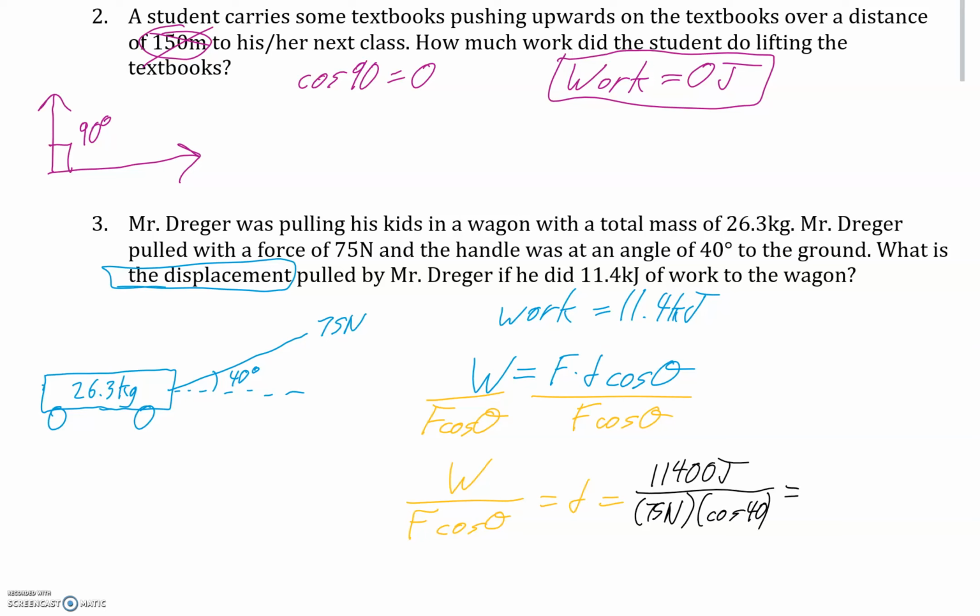Okay, so let's go ahead and plug this in our calculator, which gives us 198.42 meters. With 2 sig digs, which is what we have, that'd be 2.0 times 10 to the 2 meters. So 200 meters. So that would be our displacement.